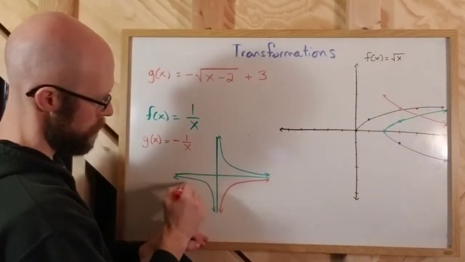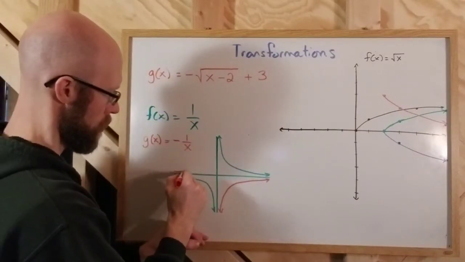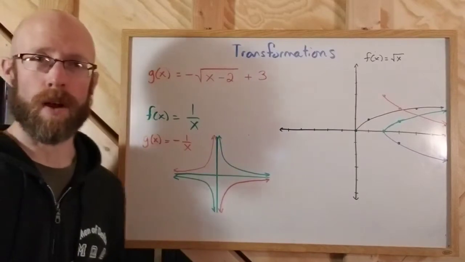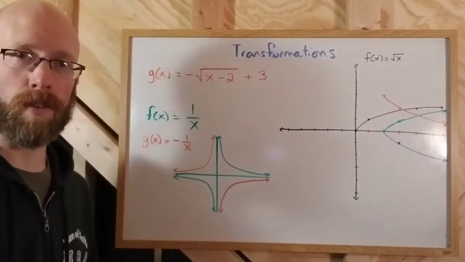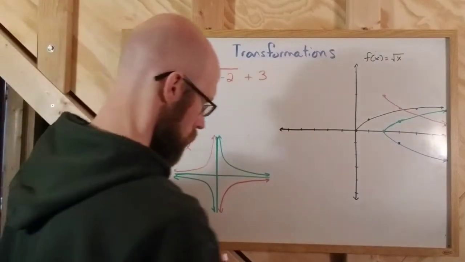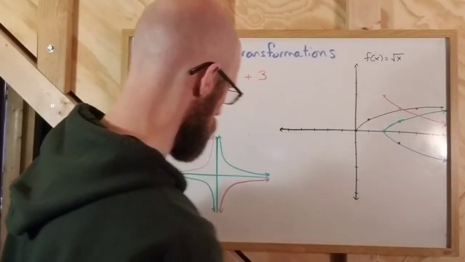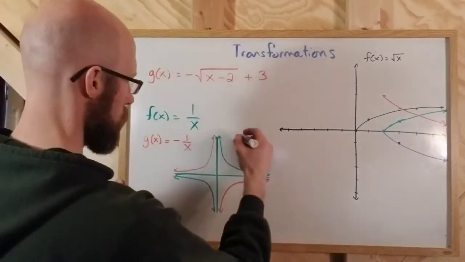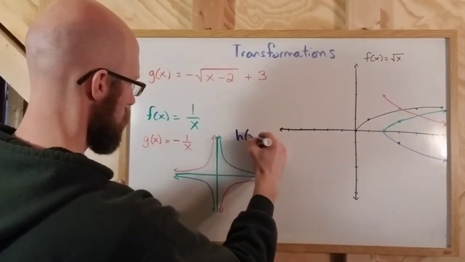And then this bottom portion would reflect up. Okay, and you get this graph. Okay, that's a vertical reflection. The red one is. Now if I were to do the same sort of thing but with a horizontal reflection, then horizontal reflection, I'll call it h.